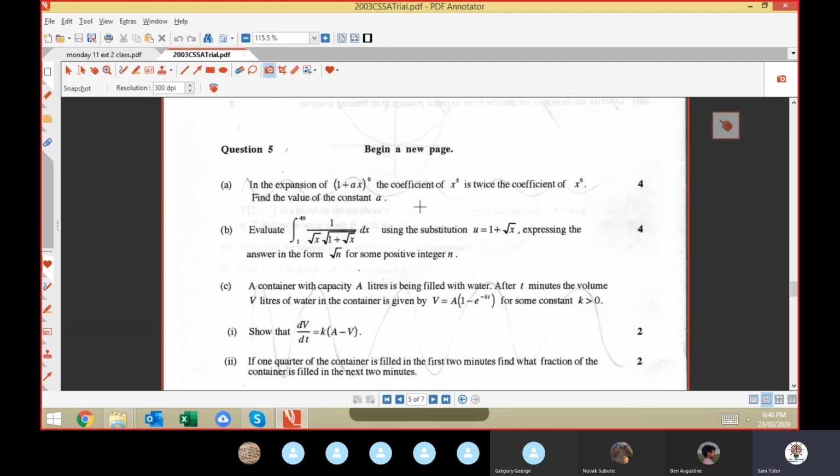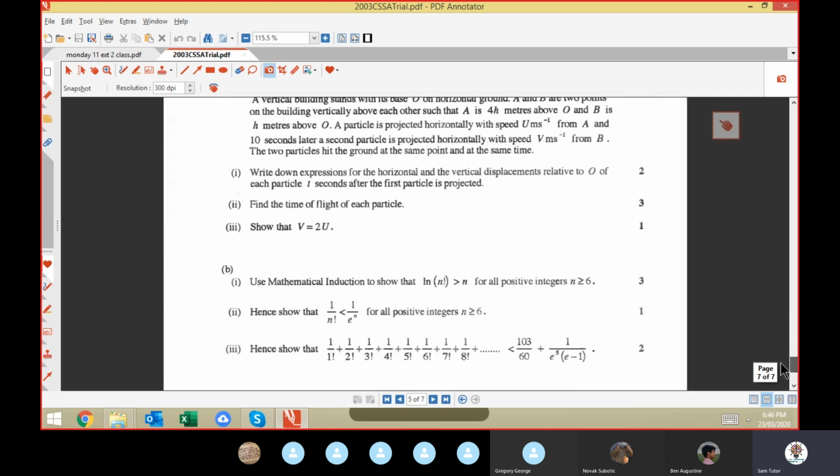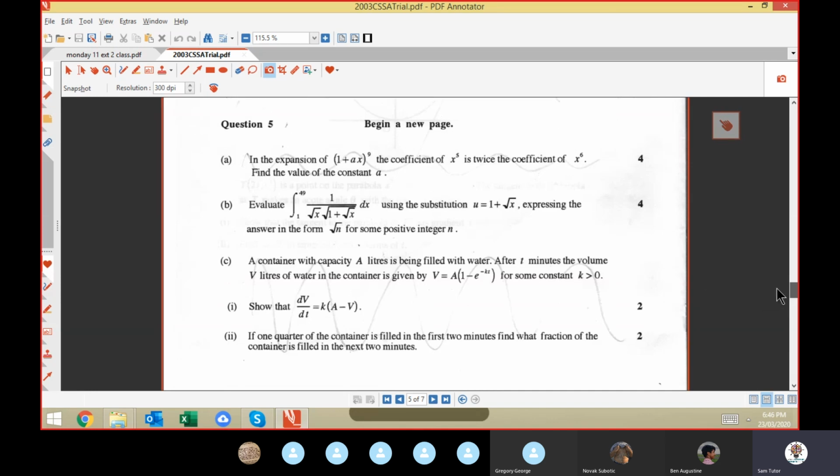Scroll, scroll, scroll. Here. As long as the answer doesn't become an inverse. Question 5. No answers.